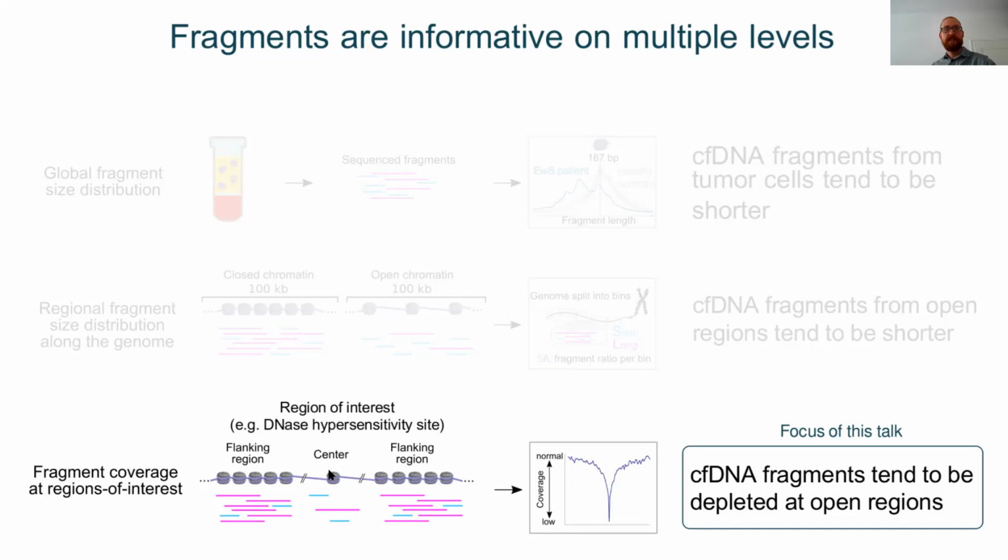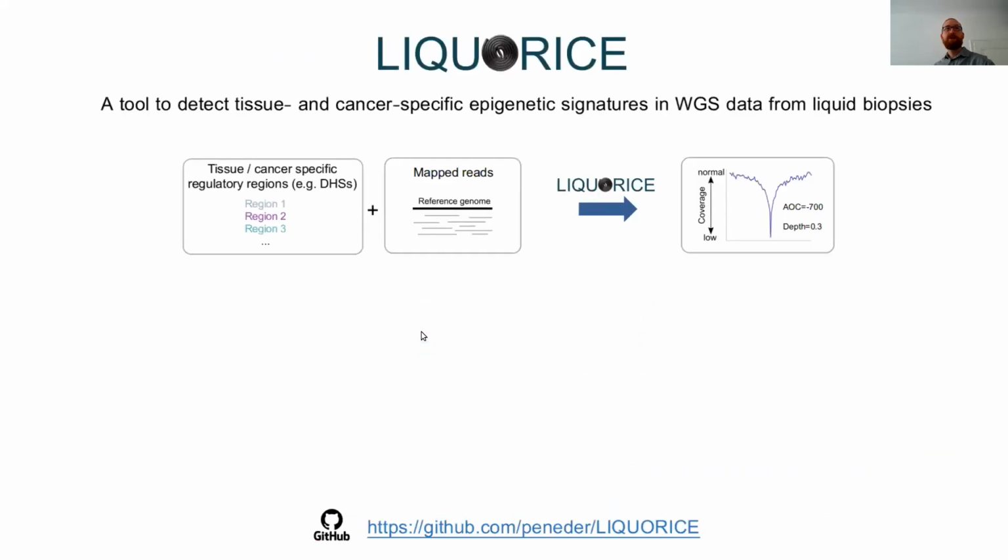And therefore, because there is less protection, we will see a decrease in mapping fragments at the center of these active regions, which we can then observe as a drop in coverage around the center. And to quantitate this phenomenon, we developed LIQUORICE, which is the tool to detect tissue and cancer-specific epigenetic signatures in whole genome sequencing data from liquid biopsies.